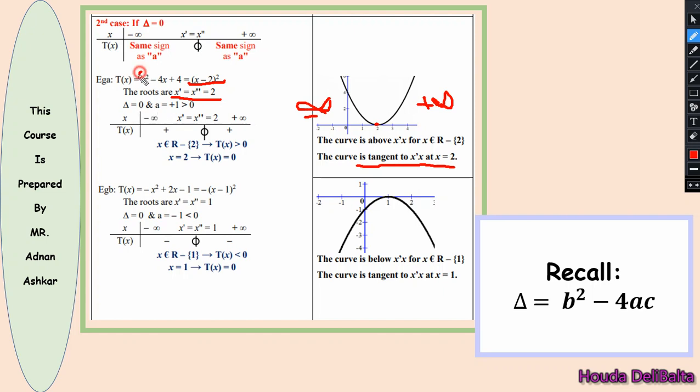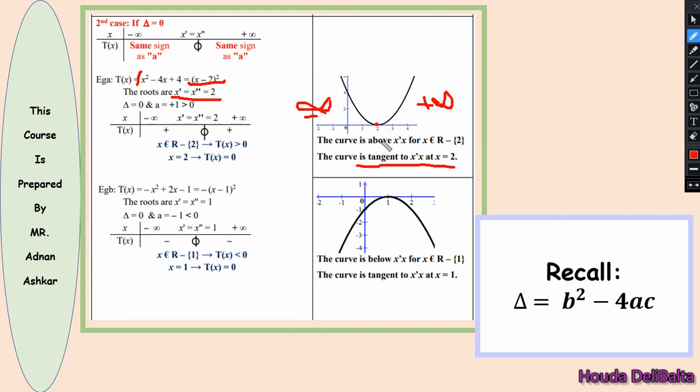A is the number multiplied by x squared. We take the expanded form. A equals 1, that is positive. So we put the root in the middle, which is 2, and minus infinity here and plus infinity here, because that's the domain of definition. X here and t of x here. Let's translate these into the table.